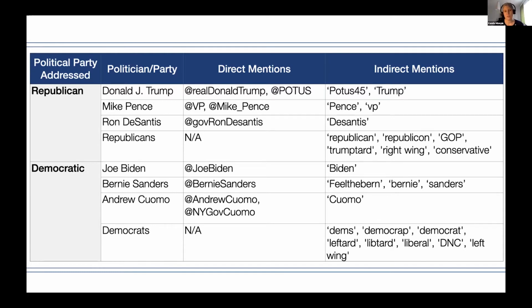If there were more mentions of the Democrats, then it would be classified as Democrat. And if there was the same number of mentions of Republicans and Democrats, then it would go into the group called balanced, which was also part of our data set. But we didn't really look at the differences there too much.